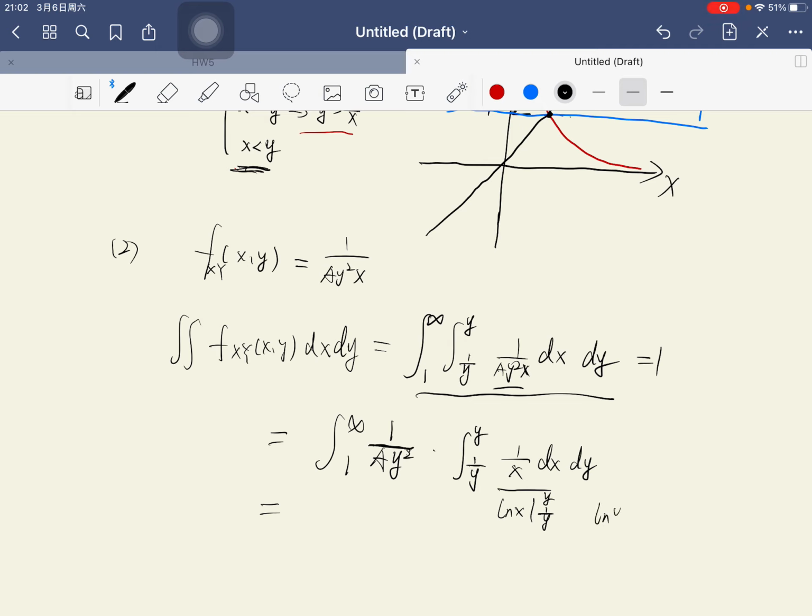This is ln x from 1 over y to y, which is ln y minus ln(1 over y), equal to 2 ln y. So the integral becomes the integral of 2 ln y over a y squared dy, from 1 to infinity.